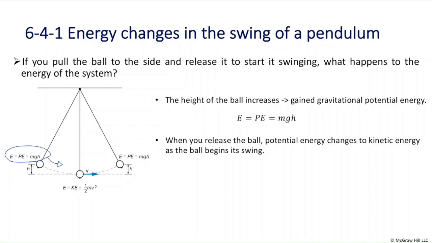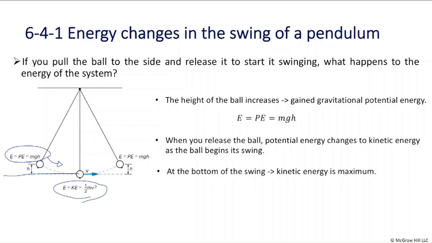At this position, the potential energy is 0 because we measure the potential energy with respect to this position, since the height is 0. And therefore, kinetic energy reaches its maximum value at this point. Therefore, the total mechanical energy is equal to the kinetic energy at this point.